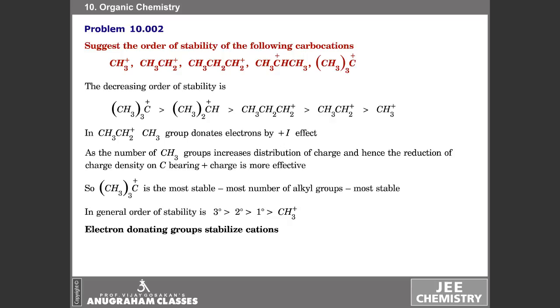There is another effect called the mesomeric effect, given the symbol -M or +M, which will be seen later. But this can operate only through pi bonded systems.